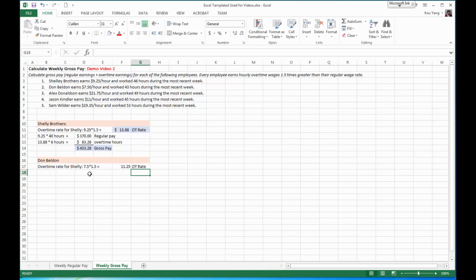I multiplied his regular rate by 1.5, which is the overtime rate, and that gives $11.25 for Don's overtime rate. I'm going to figure out the regular pay first, then the overtime pay, and then the gross pay for Don.